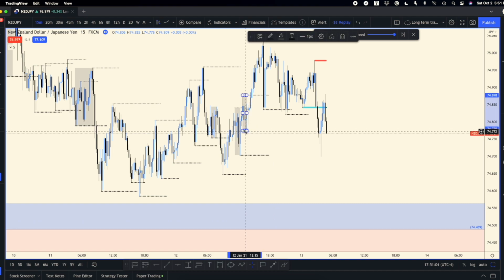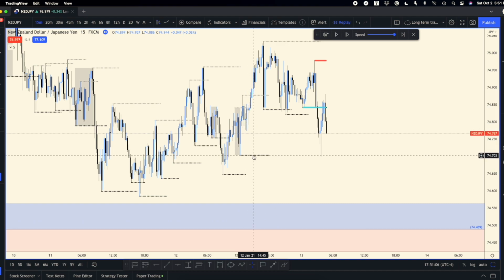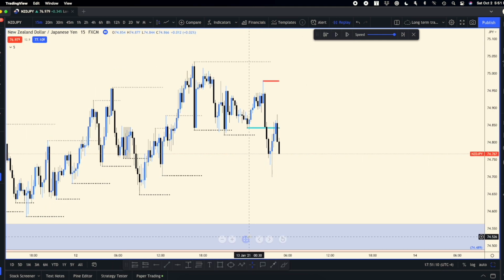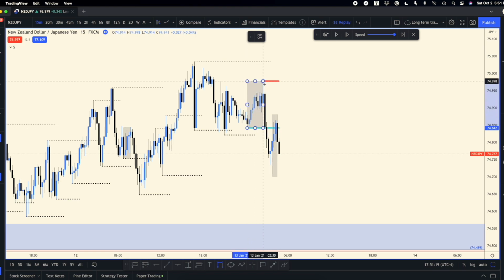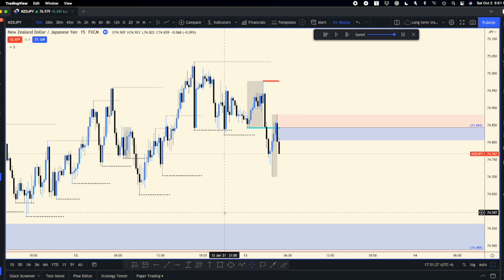So this MB invalid, this MB invalid. Took out that liquidity. MB, double MB confirmation. Looking for this two right here. Sell side.